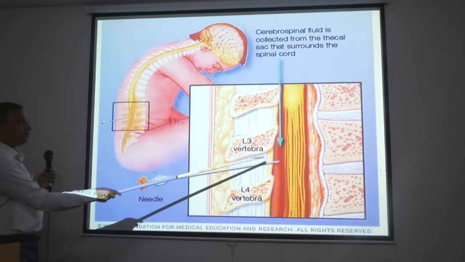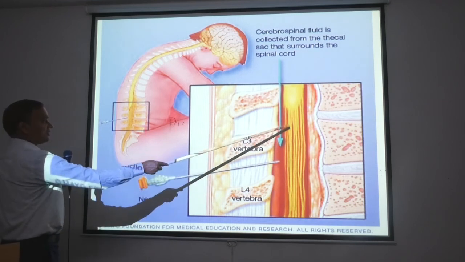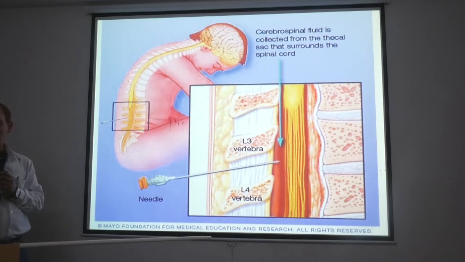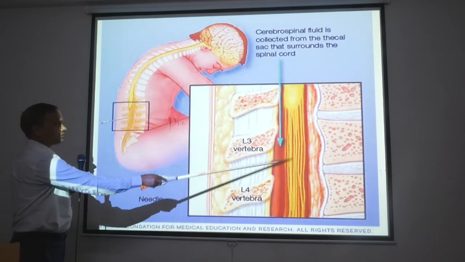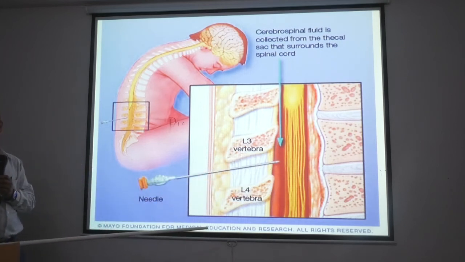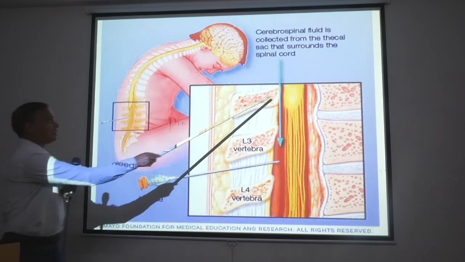Can you tell what this structure is? See here, the tail-like structure. This is the spinal cord.